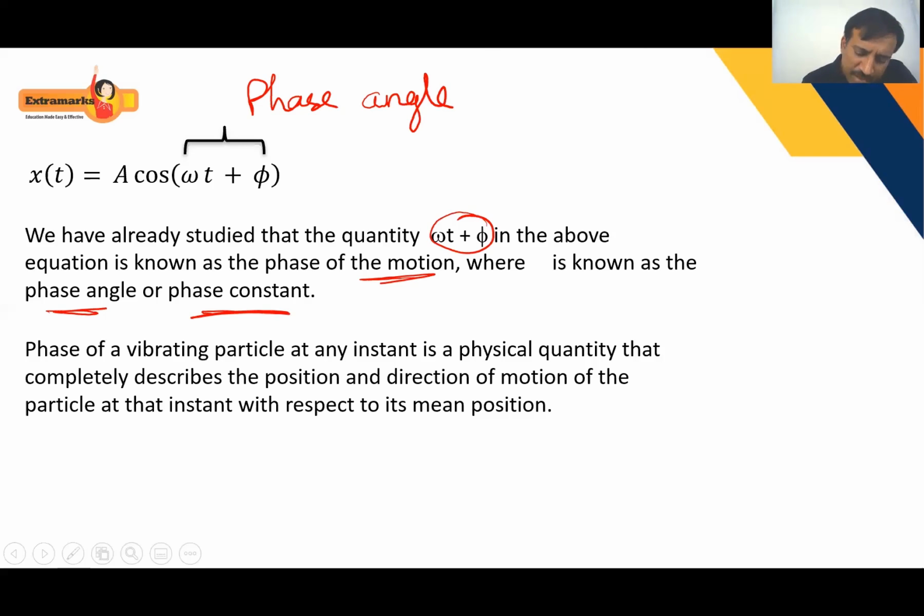The phase of a vibrating particle at any instant is a physical quantity that completely describes the position and direction of motion. Phase means the situation, where it was standing and in what direction it was moving. So the phase angle always represents the position and direction of motion of the particle at the given instant with respect to the mean position.